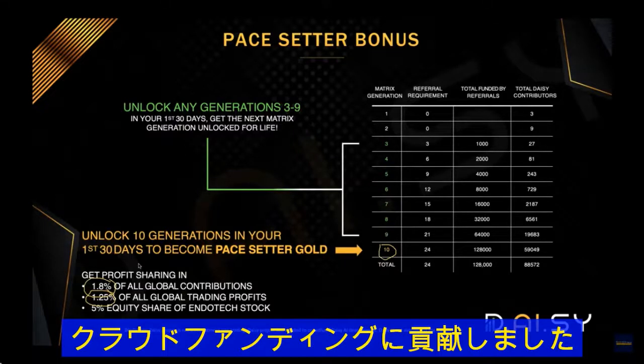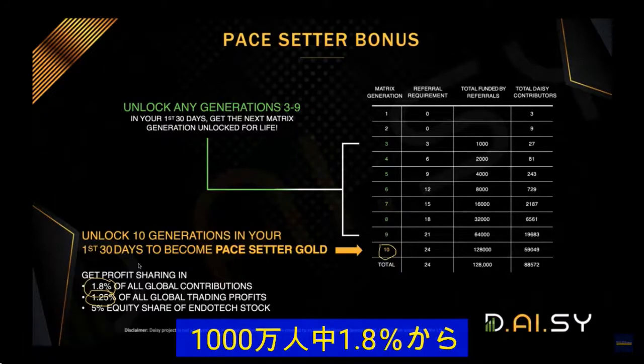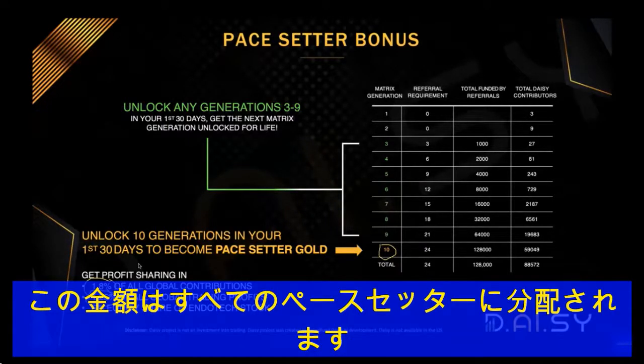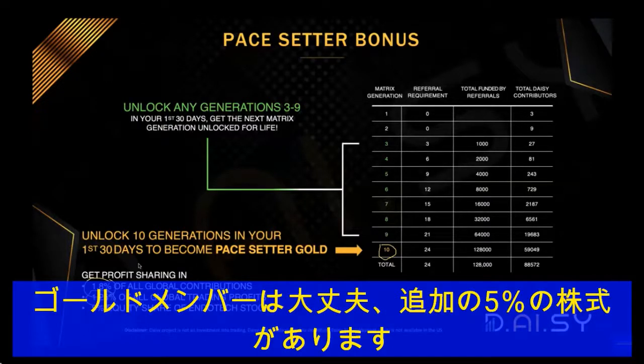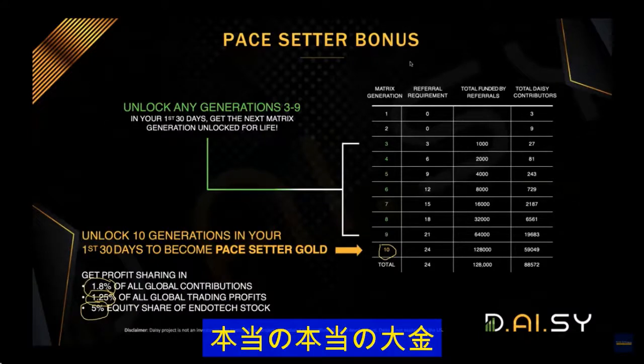Those 1.8% will be distributed, and what is it? 180,000, right? Out of 1.8% of 10 million, and this amount will be distributed across all Pacesetter Gold members. And there will be an additional 5% stock equity that will be distributed across all Pacesetter Gold members, and this can be real big money.